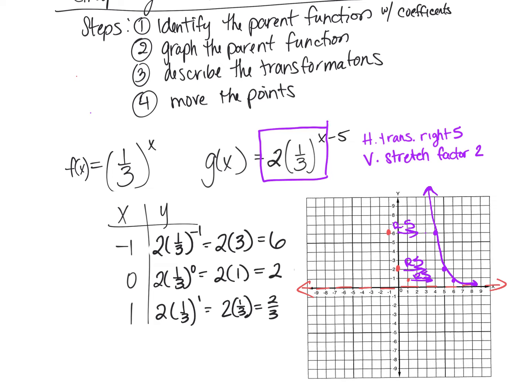Now see how big these numbers would be if we continued this and tried to plug in -1, 0, and 1, which is why we don't want to plug 0, -1, and 1 into the whole function, because it's a horizontal translation, right 5. Okay.